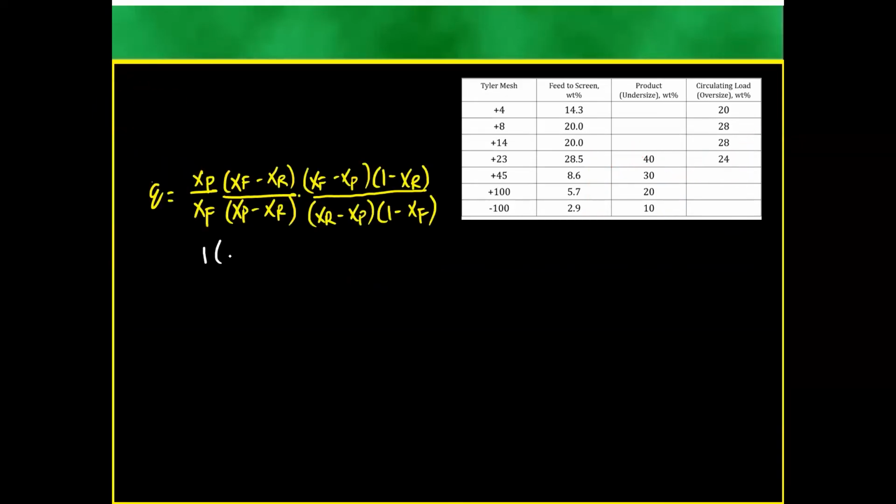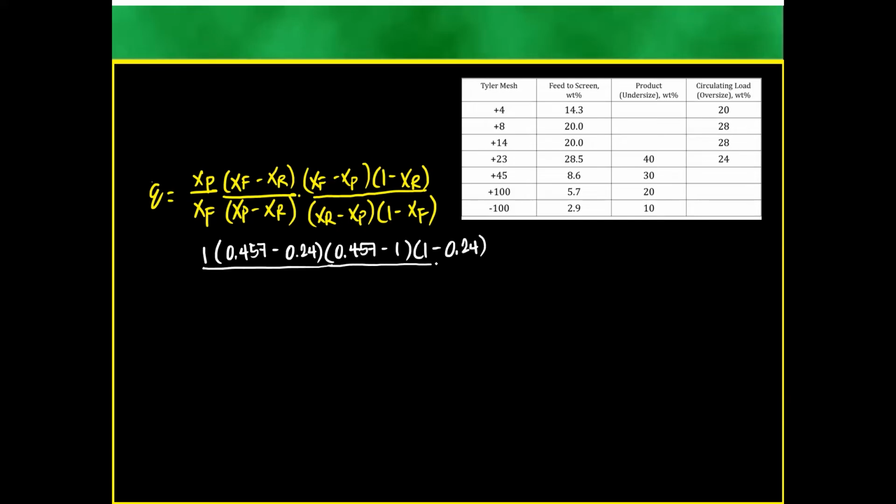What's your XF? 0.457. XR is 0.24. So 0.457 minus 1, 1 minus 0.24, all over 0.457, 1 minus 0.24, and then XR, 0.24 minus 1, 1 minus 0.457.